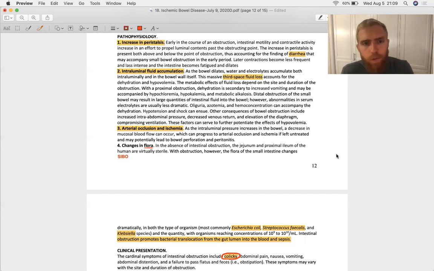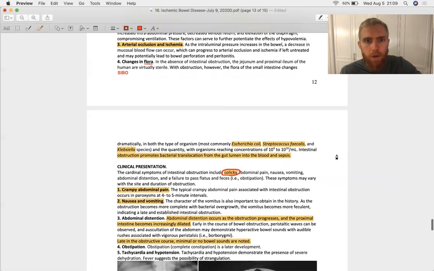So fluid likes to go from the body into the lumen of the gut. And that's the reason why hemodynamic control is our top priority in any patient with an ischemic bowel disease or an obstruction. That's something we're constantly monitoring.